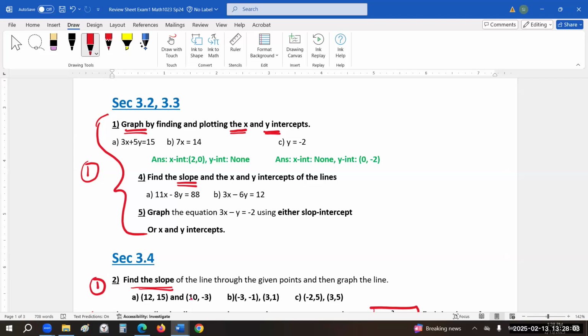We have 3x minus y equals -2. You only need to find the x and y intercept to graph it. So if you want to find the x intercept, we set y to 0. So if the whole y is 0, we get 3x equals -2. That gives us x is -2/3, because we are dividing both sides by 3.